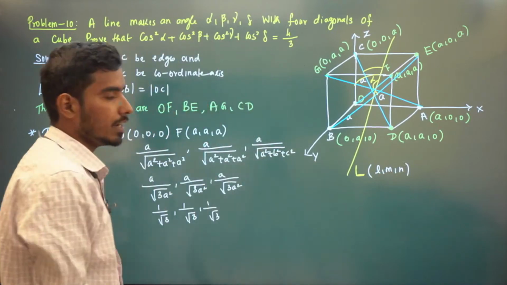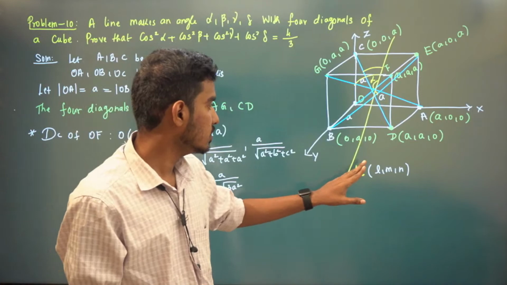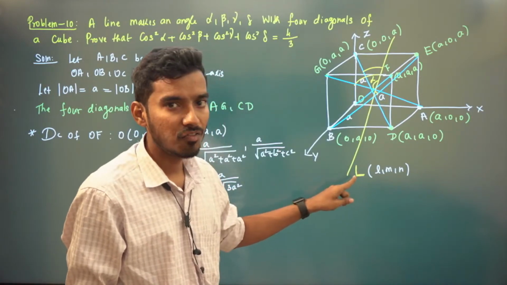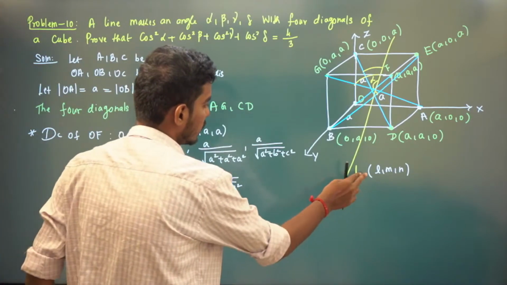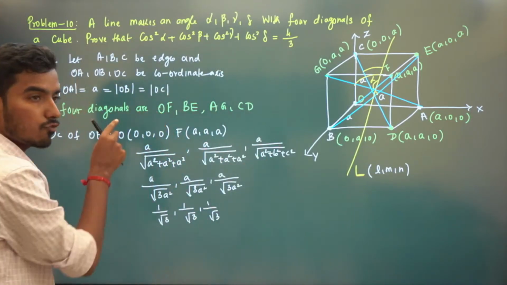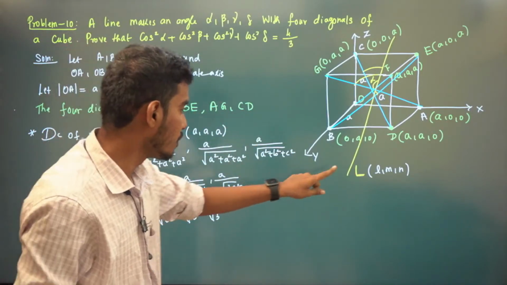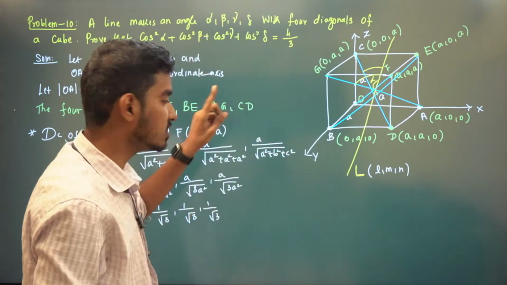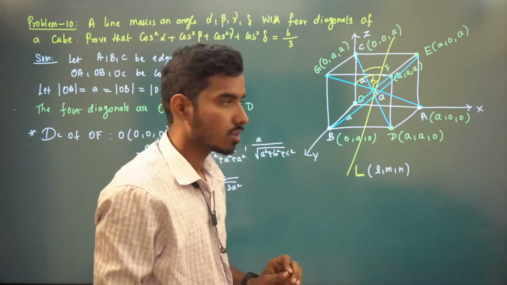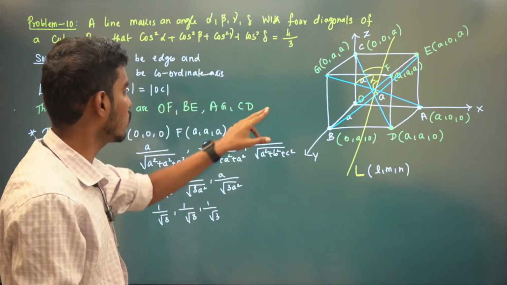Now we will find the angle between this L and the four diagonals. L with OF makes an angle alpha, L with BE makes an angle beta, L with AG makes an angle gamma, L with CD makes an angle delta, because this line makes angles alpha, beta, gamma, delta with these four diagonals.